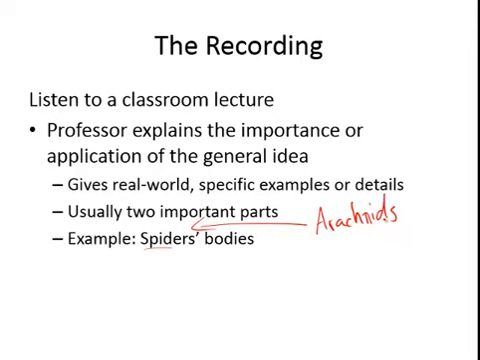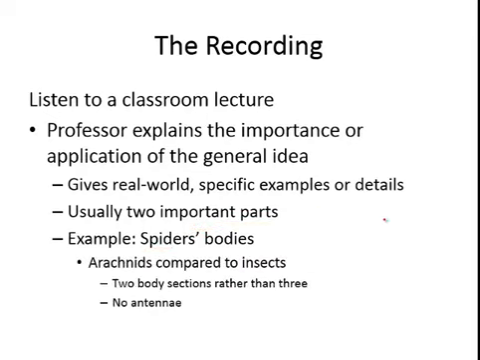Spiders and insects are very similar, but we can tell the difference by their body shapes and features. Now, we have no real details in that, just an idea. In our lecture, we would hear more about this idea of arachnids compared to insects. That's spiders compared to bugs like flies or mosquitoes.